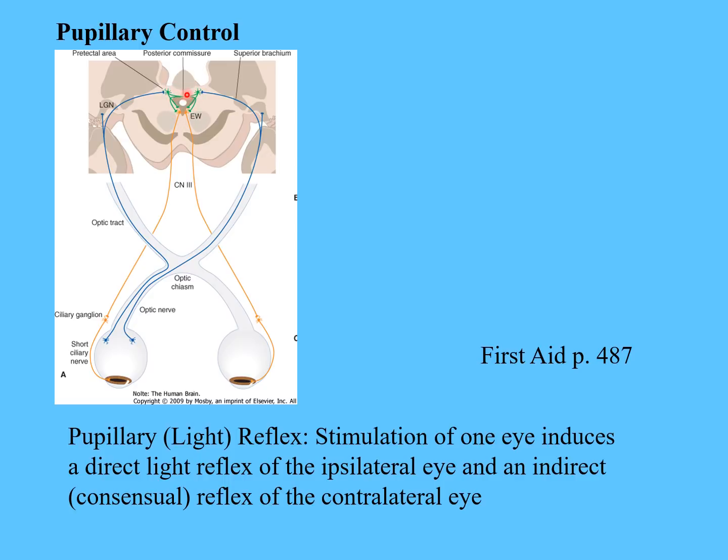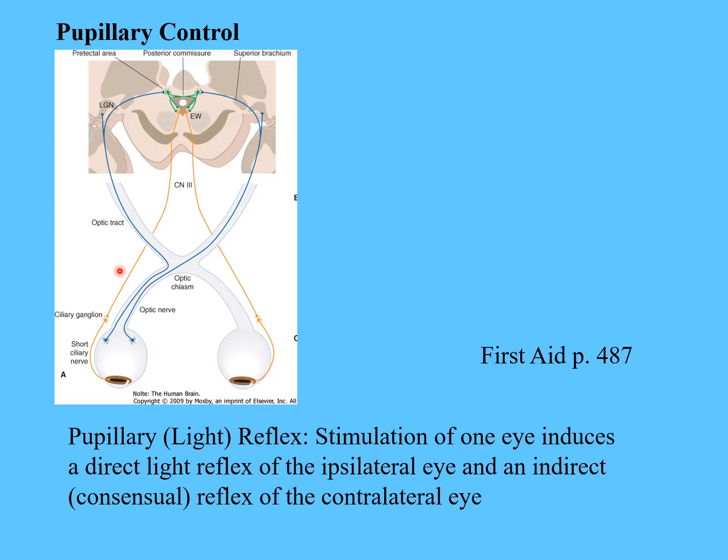The posterior commissure travels from one side to the other in the pretectal area and sends its fibers down to the Edinger-Westphal nucleus on the opposite side to activate the third nerve and cause pupillary constriction on the opposite side. That's the indirect or consensual reflex of the contralateral eye.